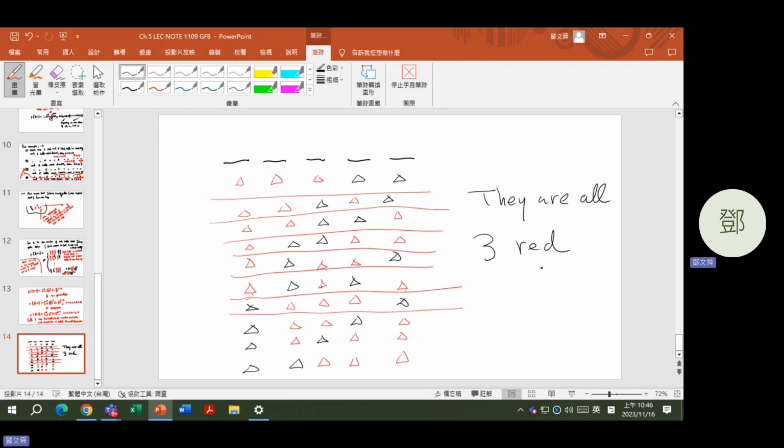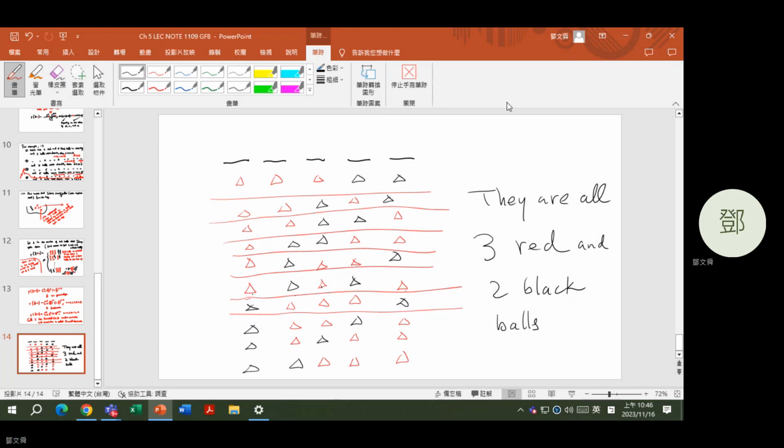They are all 3 red and 2 black. Understand?